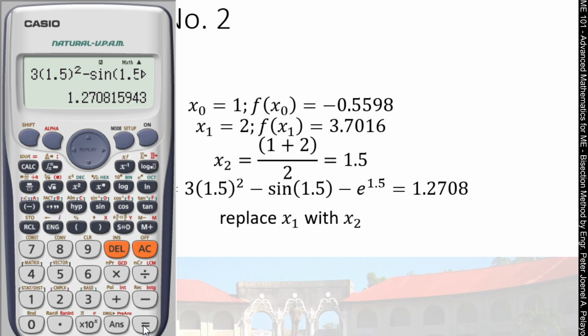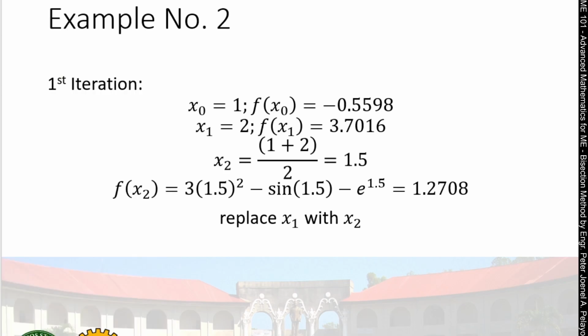Minus yan, 1.2708. So, ganun siya. Since positive si f of x natin, meaning replace x1 with x2. Okay? Next.